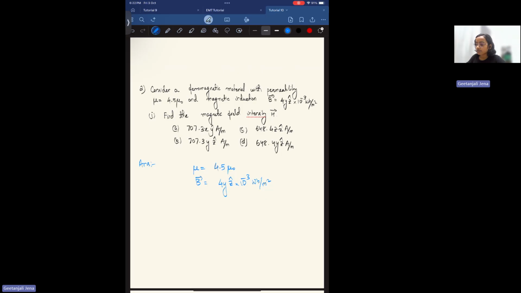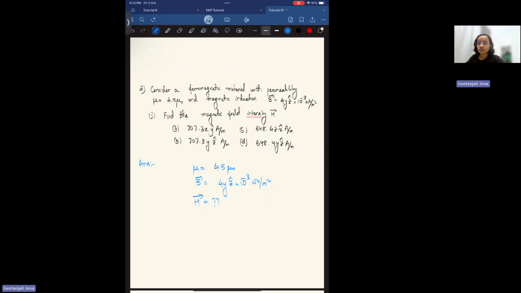For this case, find out the magnetic field intensity, which is the external magnetic field. What will be the magnetic field for this case? This is quite straightforward. You just need to recall the relation between the magnetic flux density and the given parameters.